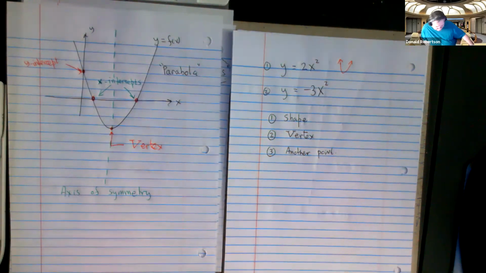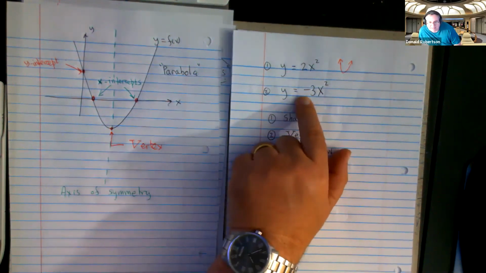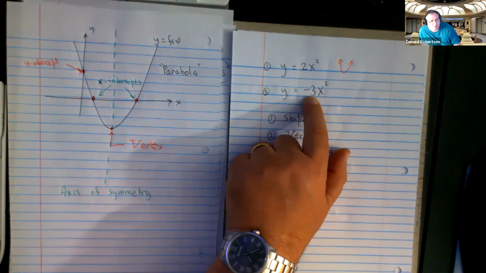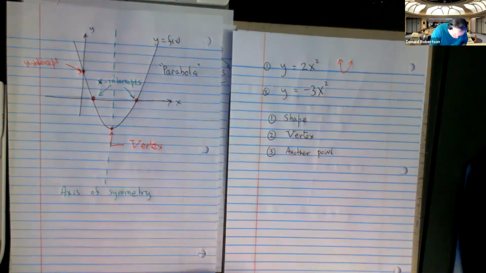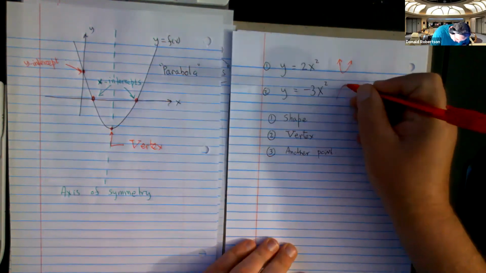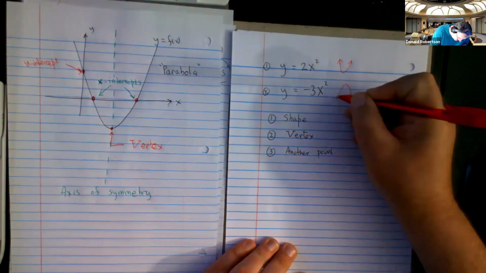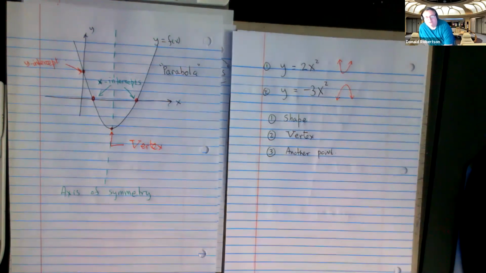Your parabola will be a happy face. If your quadratic has a negative number next to the x squared, we call that the coefficient. If it's a negative number, like we have here, negative 3x squared, then your parabola will look like that.